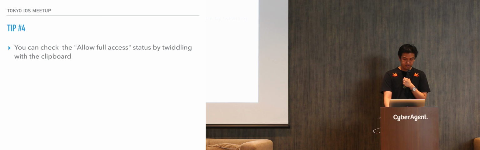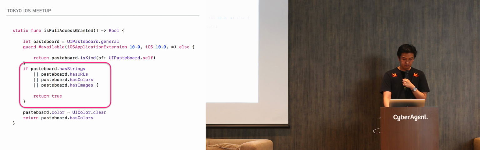Okay, tip number 4: you can check the allow full access status by messing around with the clipboard. Most keyboard developers use this variant of this method. What you do is you just read anything from the clipboard. If you can read something from it, then you have access.